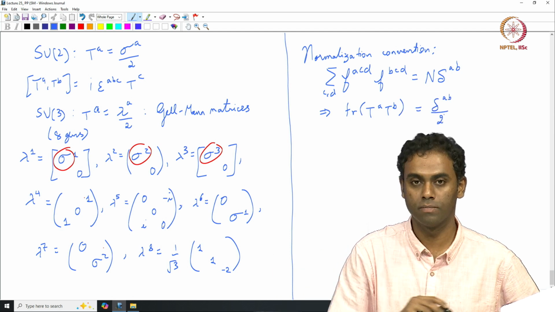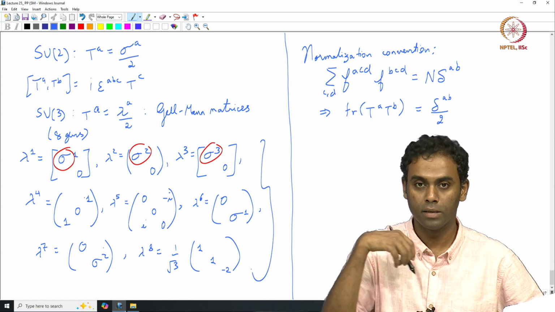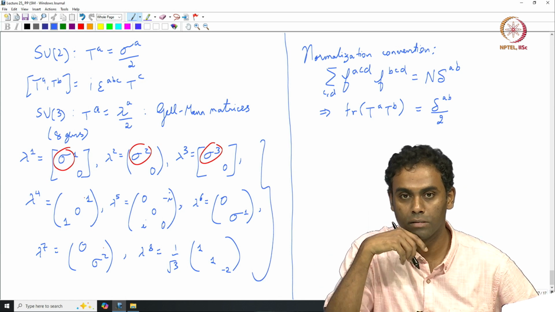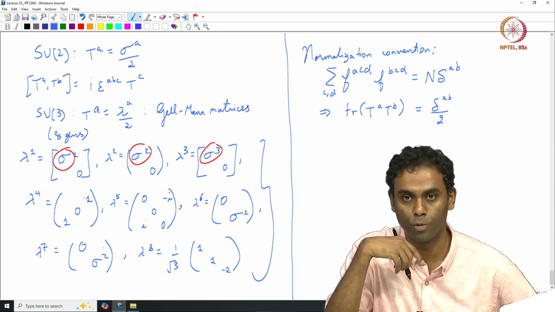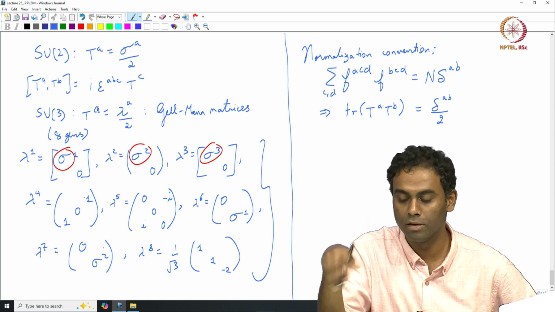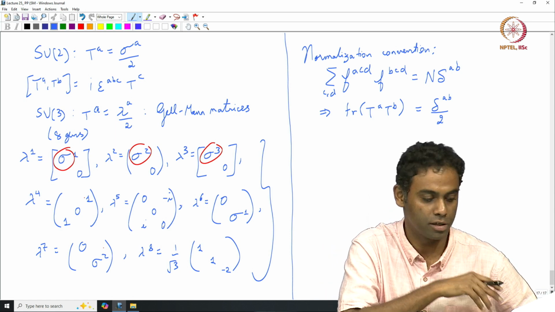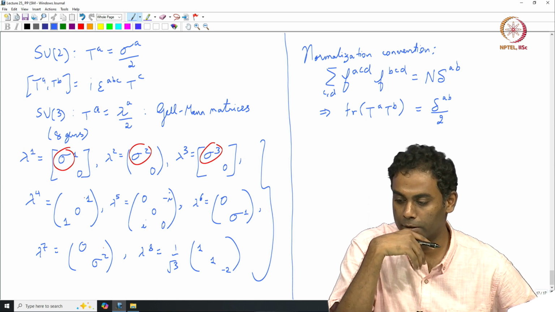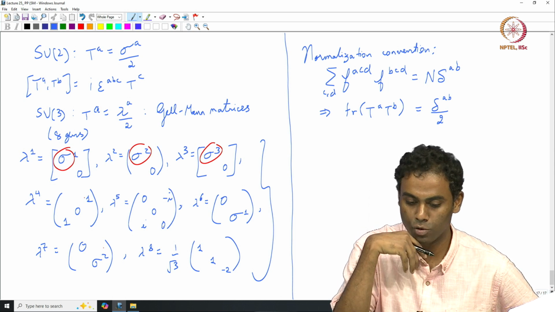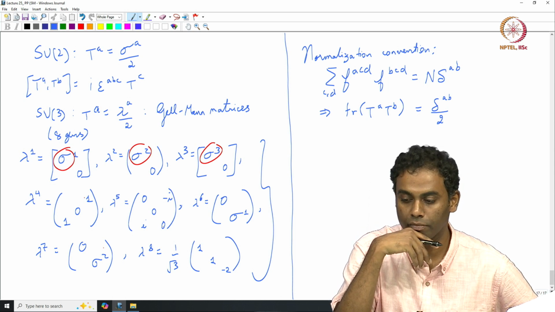You can go check this. Take these 8 matrices, and this can be very easily checked, especially with a computer program. This can be trivially checked for Pauli matrices. You know the commutation and anti-commutation relations. But this is how we normalize to get the structure constants.